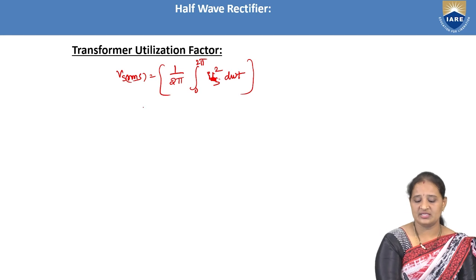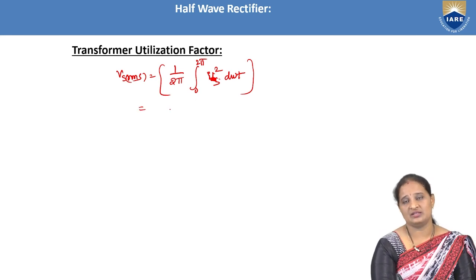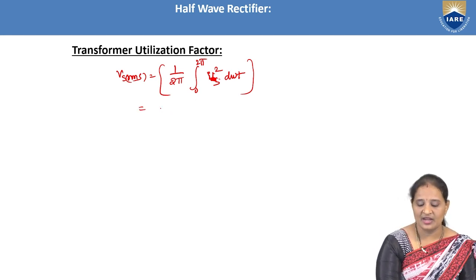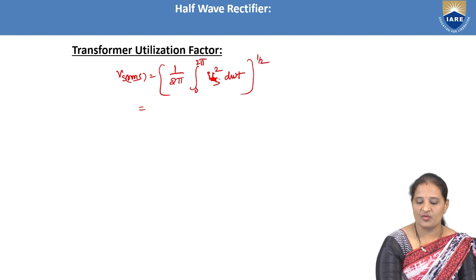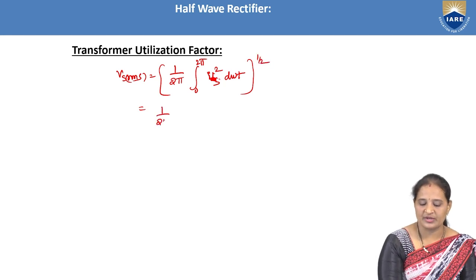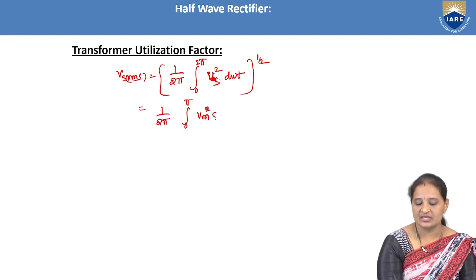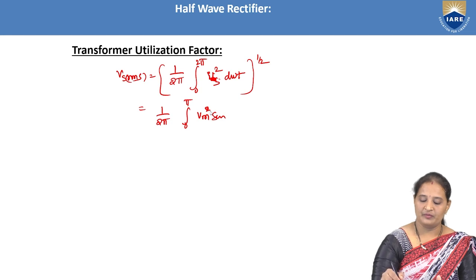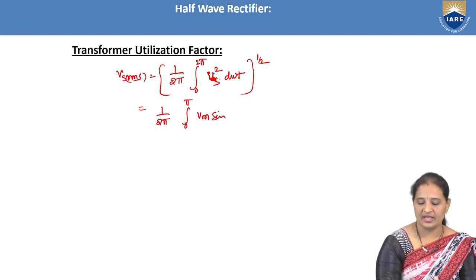It is having both the cycles, positive half cycle and negative half cycle, to the power of 1 by 2. So 1 by 2 pi integral 0 to 2 pi. We can represent this as Vm sine omega t whole square d omega t.